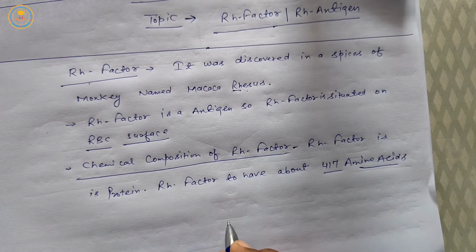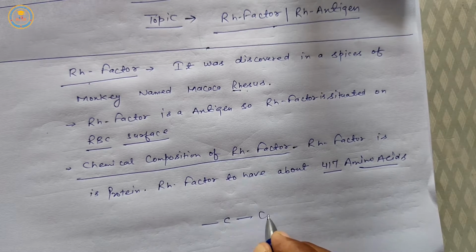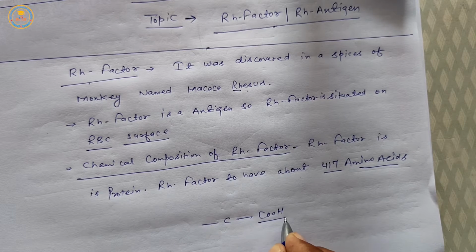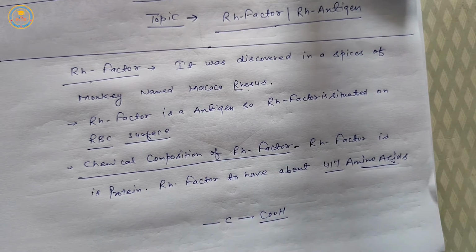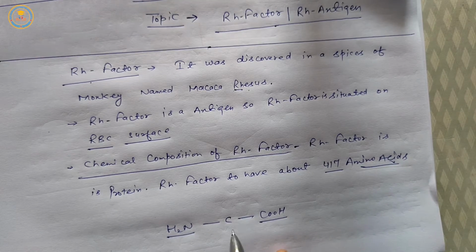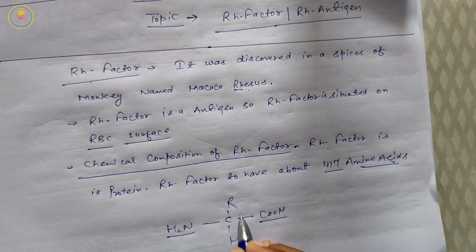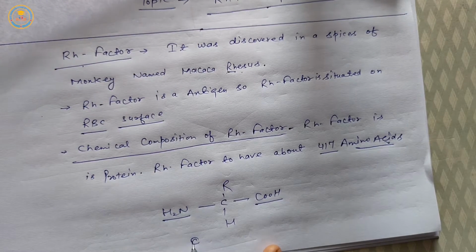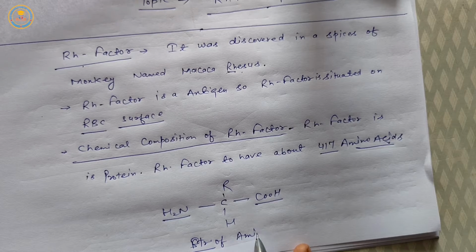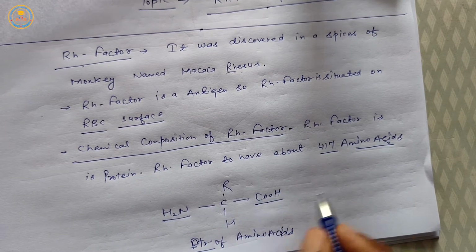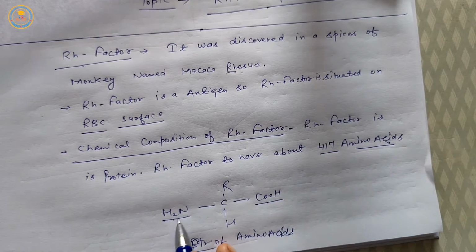Students, remember, carbon's valency is 4. The structure of an amino acid has first a carboxylic acid group, so acid, second an amine group, so amino, next hydrogen, and third an alkyl group.